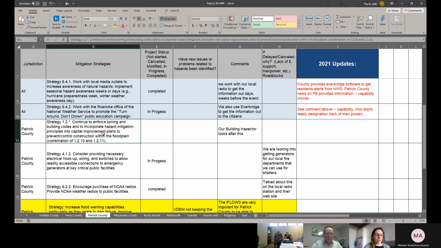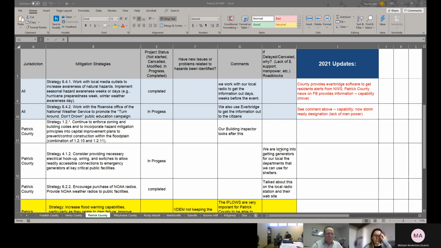Next one says strategy 1.2, continuing to enforce zoning and building codes and to incorporate hazard mitigation principles into capital improvement plans to prevent and control construction within the floodplain. And you said your building inspector takes care of this. Did you have any other updates that you could provide?